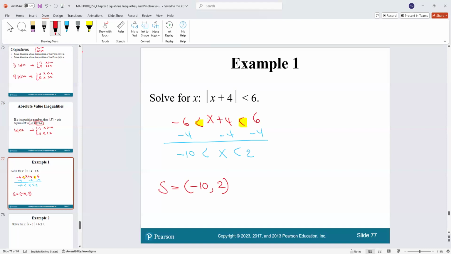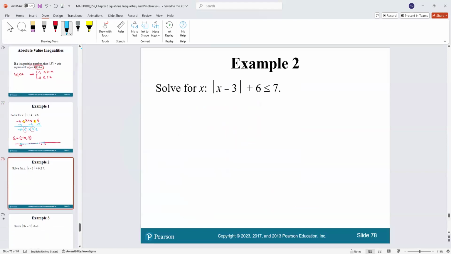The same way on a number line, if they ask you to show your answer on a number line, we set negative 10 here and 2 here. That means the solutions would be this line.